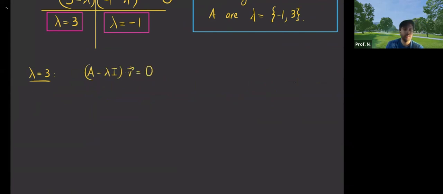See, that's why it's important to go back. This number lambda arose from this system having a non-zero solution to the homogeneous system. And what matrix does that come from? It comes from when lambda is 3. So what I'm going to do is replace the lambda with 3.